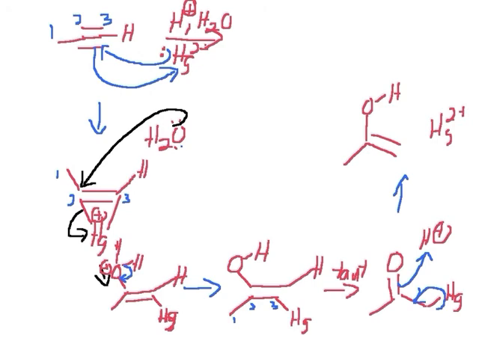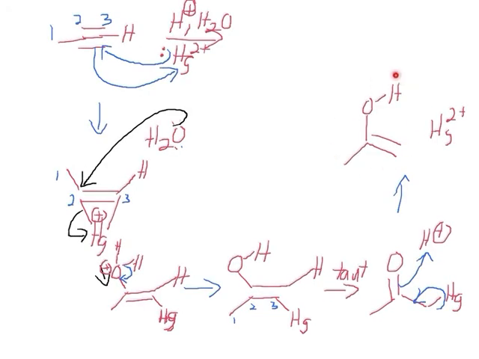And now we have a regular old, what functional group is this? It's an enol, and enols we know we can tautomerize back into ketones: 1, 2, 3. This is also a tautomerization.